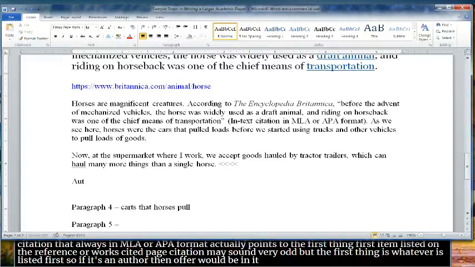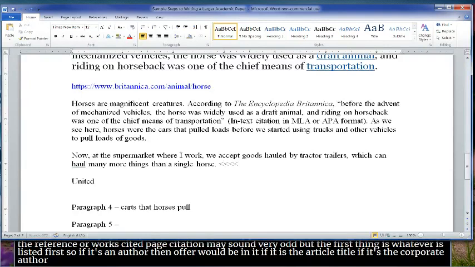If it is the article title, that would be in it. If it's the corporate author, that would be the in-text.